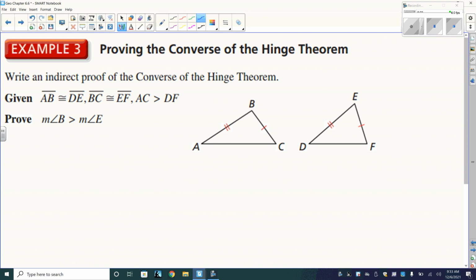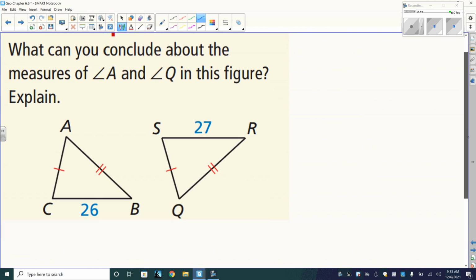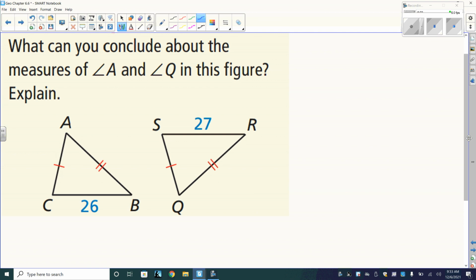Too far. We're not going to worry about the indirect proof. What can you conclude about the measure of angle A and angle Q?